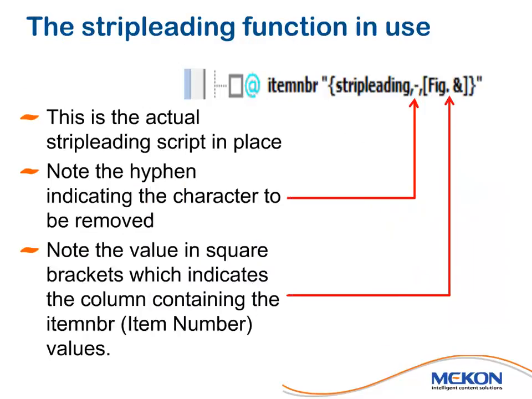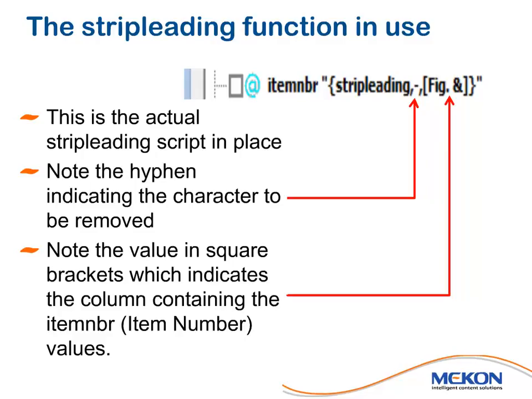What this looks like in the mapping window is given in that line at the top there. As part of the syntax, the item to be removed is indicated by that hyphen. Notice that there's a comma each side. The comma splits up the syntax line.